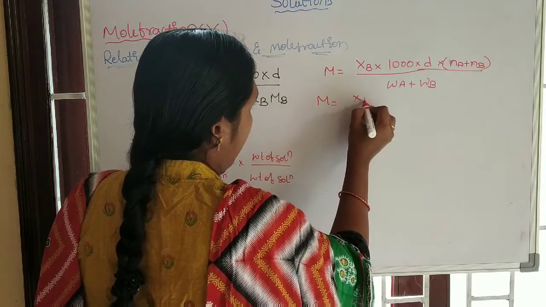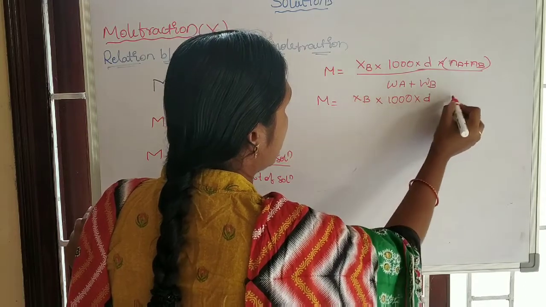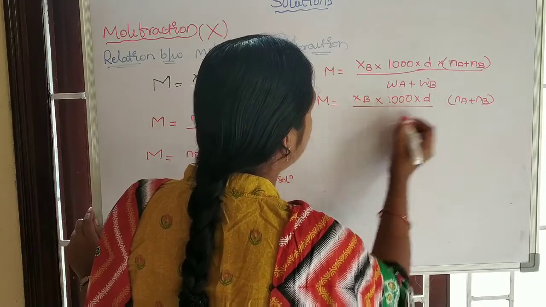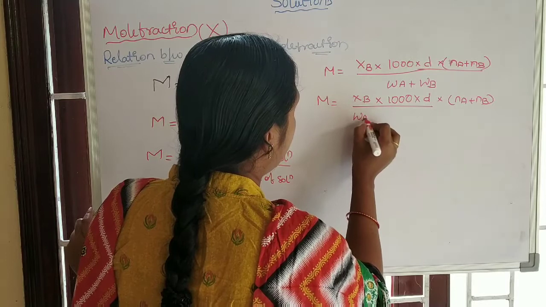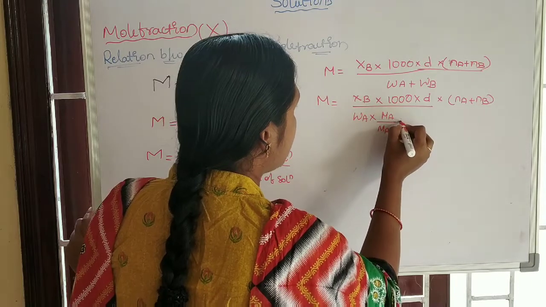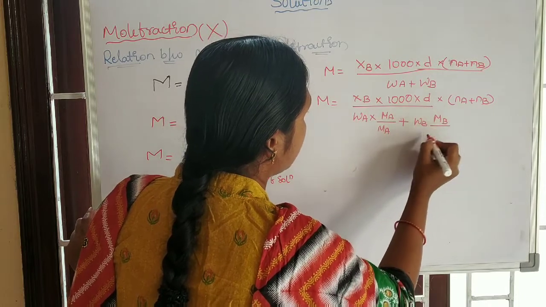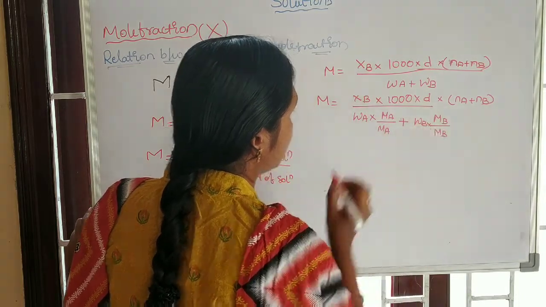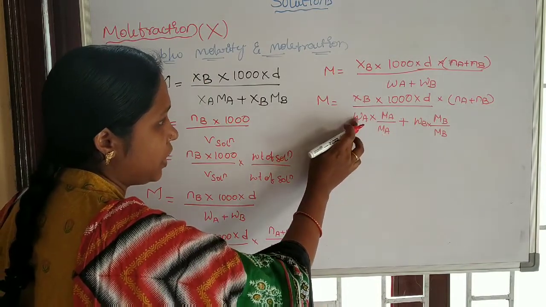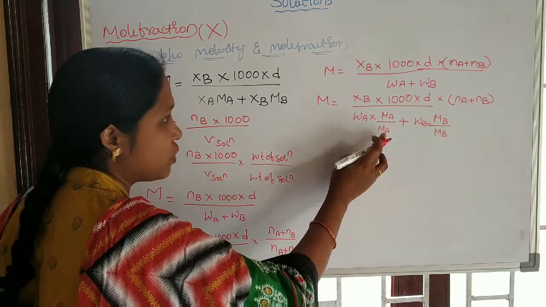Molarity equals XB into 1000 into density into NA plus NB divided by weight of solvent into molecular weight of solvent by molecular weight of solvent plus weight of solute into molecular weight of solute by molecular weight of solute. Here weight of solute by molecular weight of solute and weight of solvent by molecular weight of solvent mean number of moles.